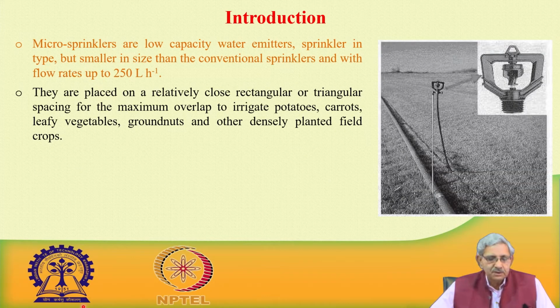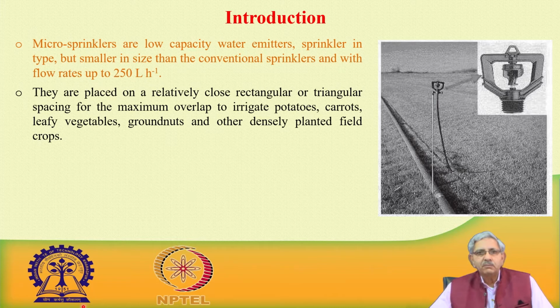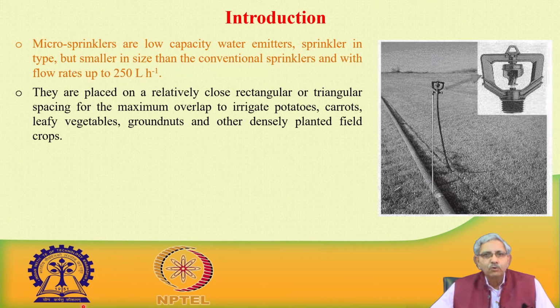So, as it says, the micro sprinklers are low capacity water emitting devices, and they fall under the category of sprinkler type, but similar in size to the conventional sprinkler irrigation system, and the discharge rate is relatively lesser.